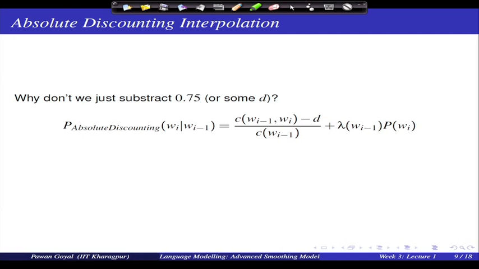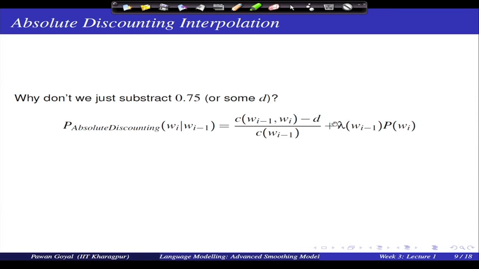This is called linear interpolation with the unigram probability in the absolute discounting method, and that is the formula we have written here. I am discounting each bigram count, plus interpolating with my unigram probability with some weight lambda of wi minus 1.